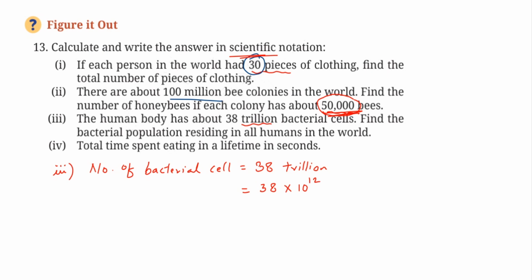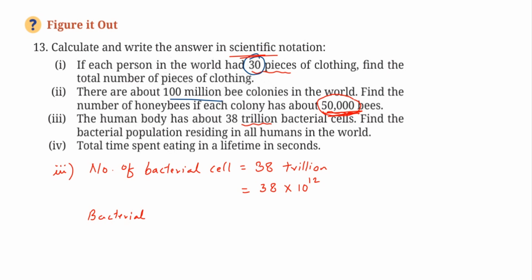So what we can do here is, we can multiply 38 and 8.2, so 8.2 billion. So let me just rewrite this. So bacterial population in the whole world, it is a total 8.2 billion people.